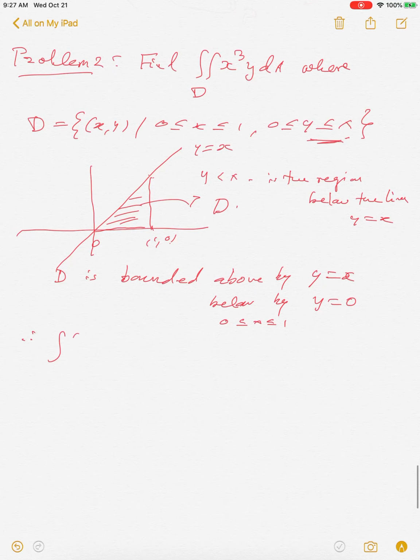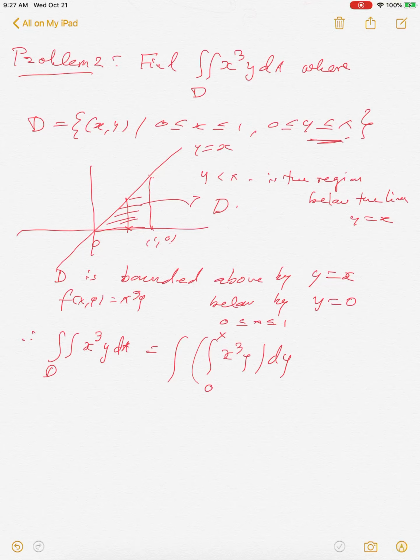So therefore this integral of x cubed y dA, so your function f of x, y is x cubed y, will be, first I integrate with respect to y, so I take an arbitrary x and my y will run between 0 to x, of x cubed y dy, and then my x will run from 0 to 1.